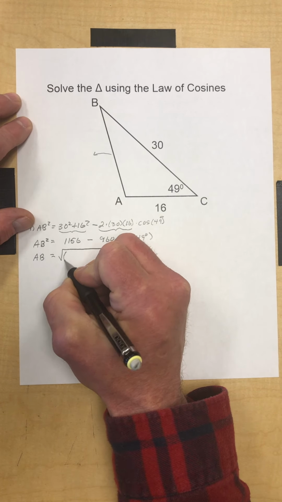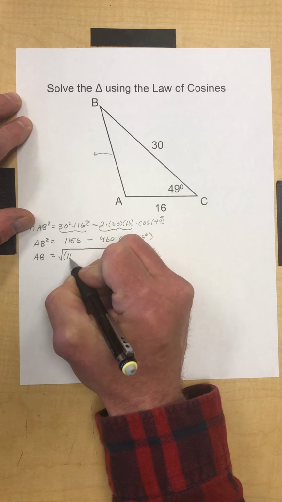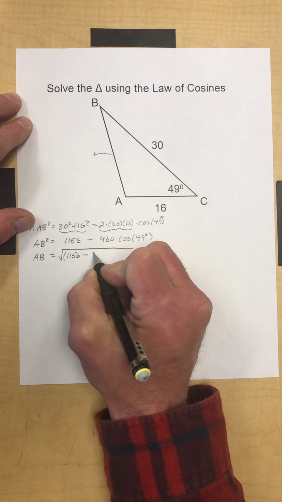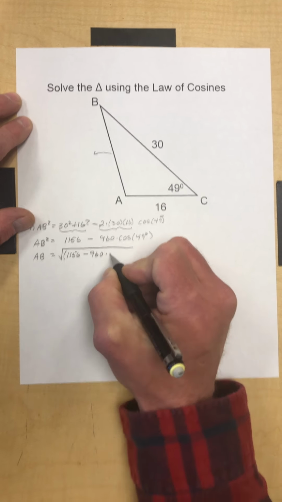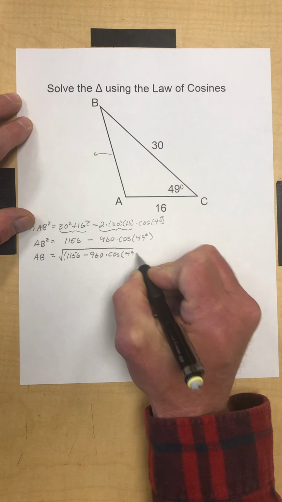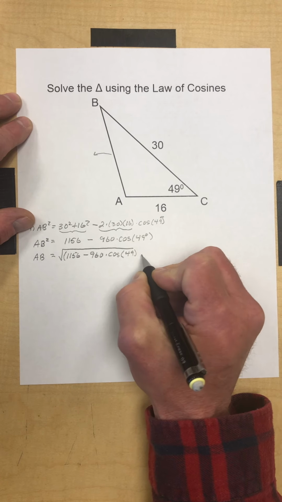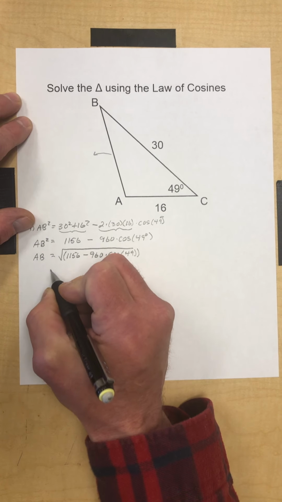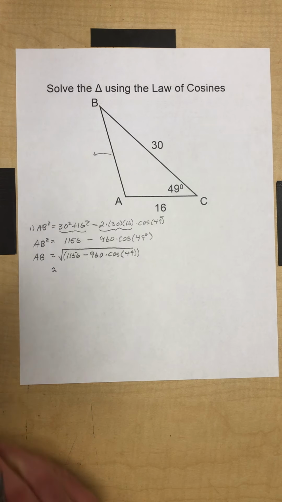So we go second square root, 1156 minus 960 times cosine of 49, close the parentheses, and hit enter.